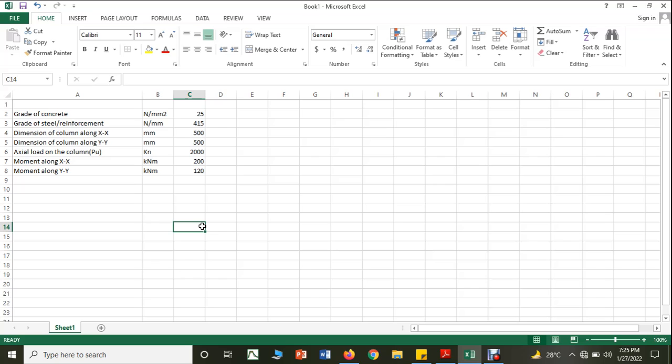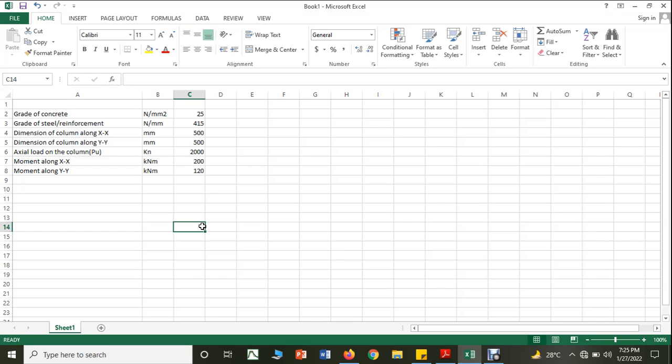Now in the theoretical approach, from this we used to get the values of Mux1 and Muy1, and as we discussed yesterday, we used to go through that procedure. But definitely we cannot do this procedure here, because we are supposed to assume the percentage of steel.